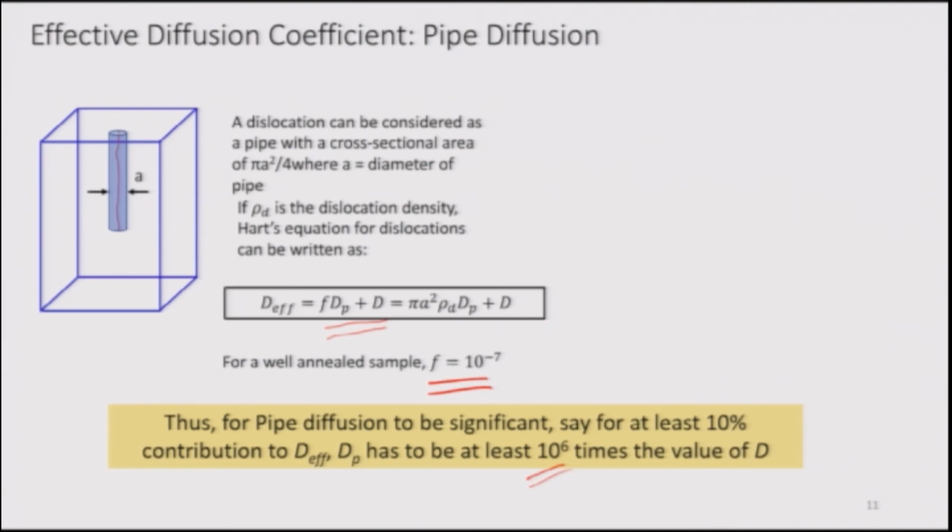Now, this can show that at lower temperature grain boundary diffusion would dominate, but for pipe diffusion to dominate the temperature has to be even still further lower, unless the dislocation density is very high, which happens typically in heavily cold worked sample. So, in heavily cold worked sample the pipe diffusion may dominate at lower temperature.